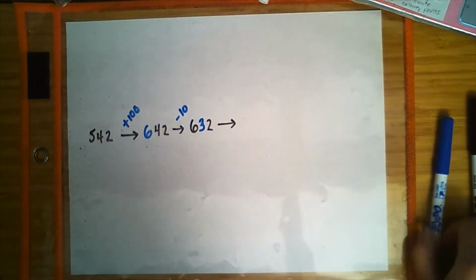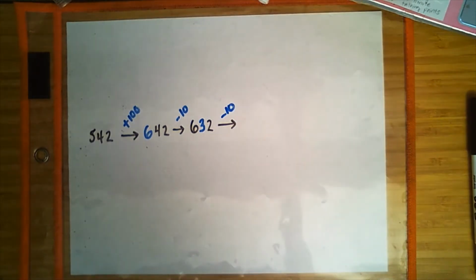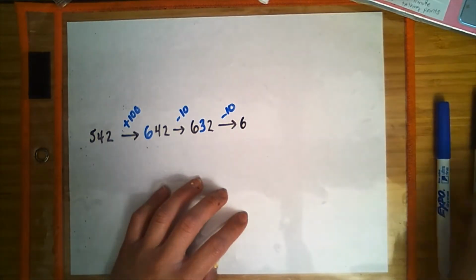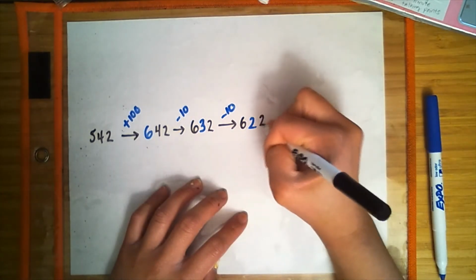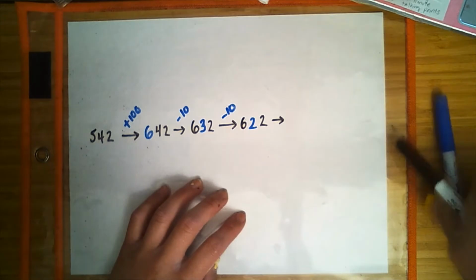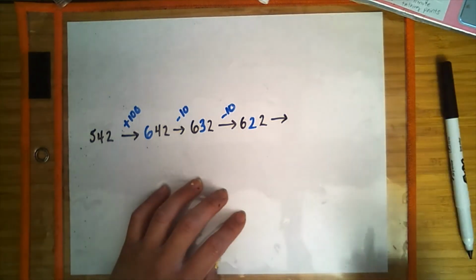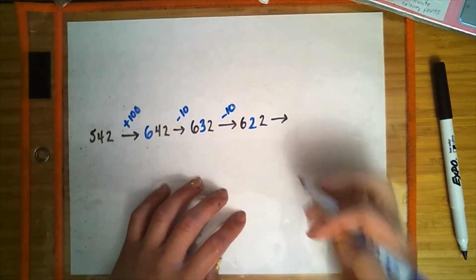What about 632 minus 10? Great. It would be 622. Let's keep going. Let me make my arrow here a little bit longer. What about 622 minus 100?